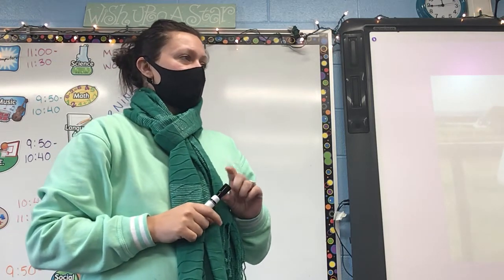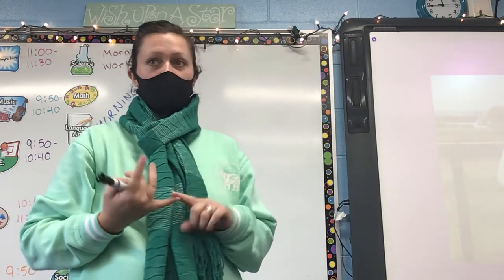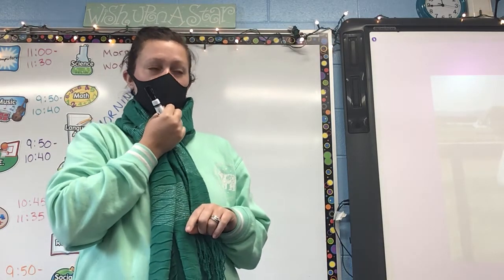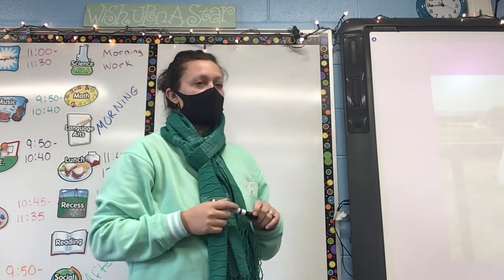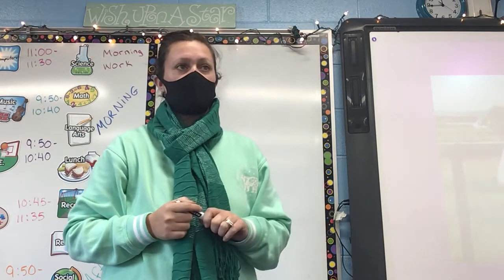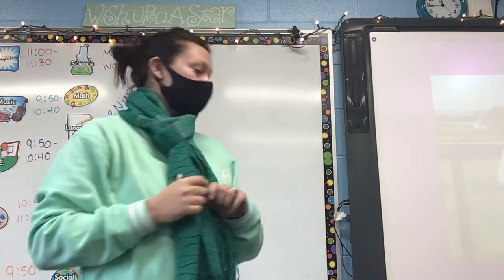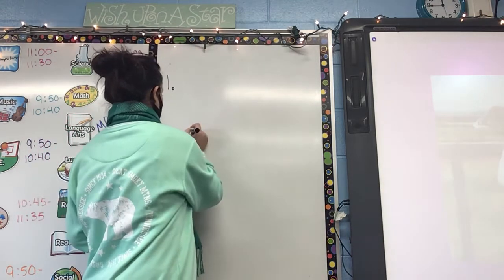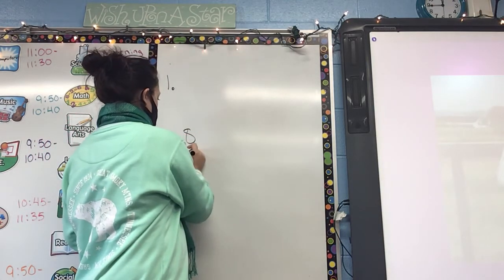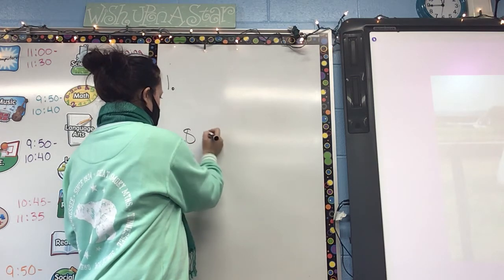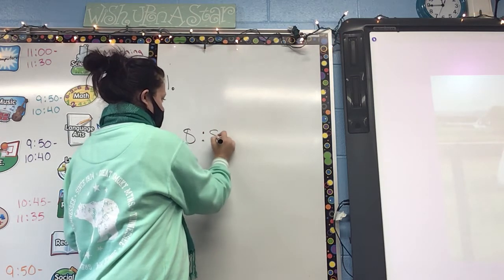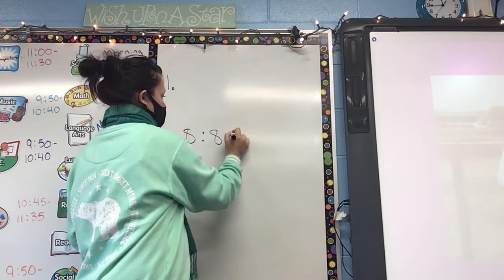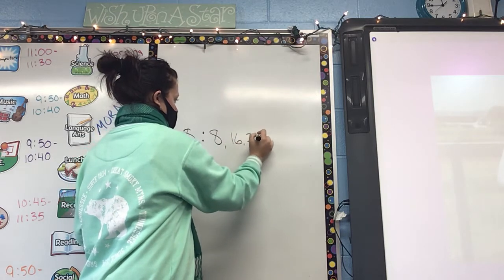Let's review some things. We talked yesterday about LCM. What does LCM stand for? Mason? Least common multiple. So if I have 8 and 4, what are going to be my multiples of 8? 8, 16, 24. Very nice.